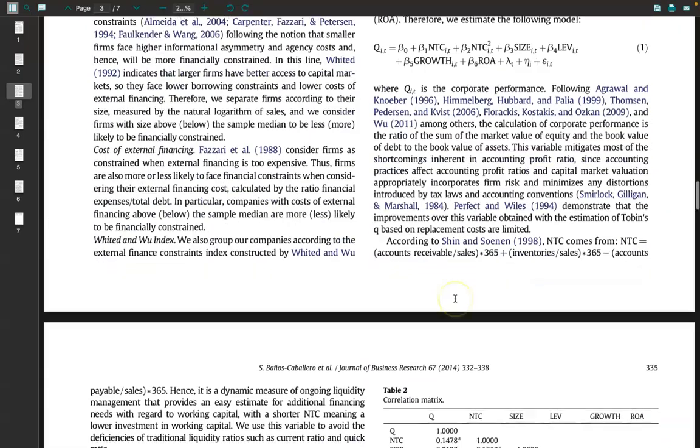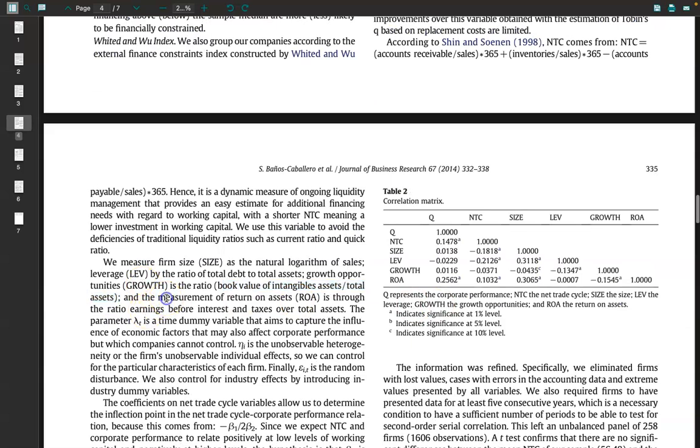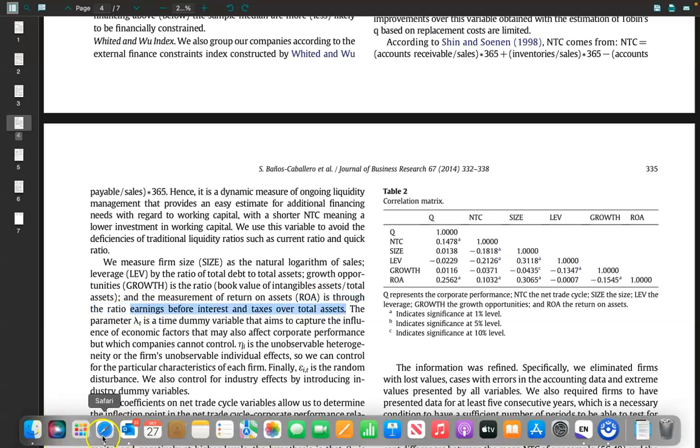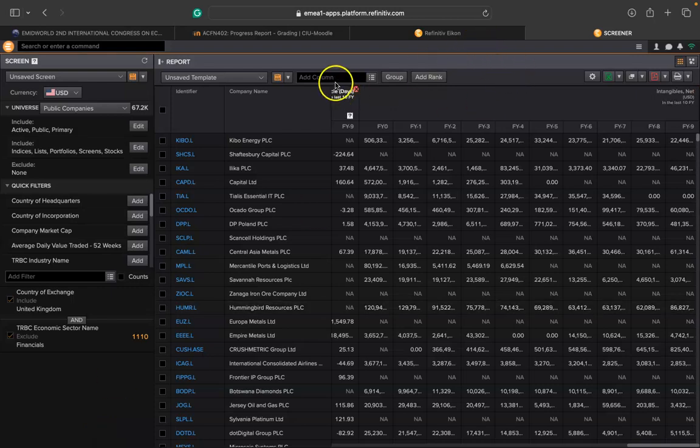Now the last one that we have is ROA. Now ROA is calculated in this paper as earnings before interest and taxes over the total assets. So I'm going to get earnings before interest and taxes. So I'm going to just write net income over here. Net income.